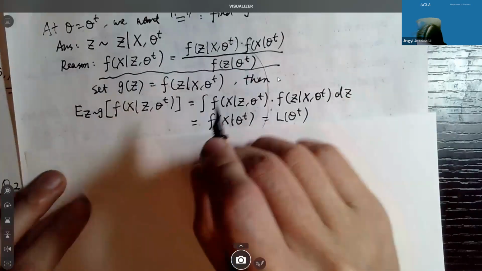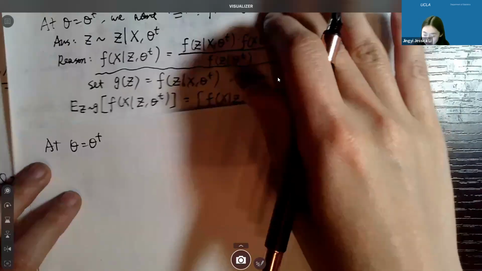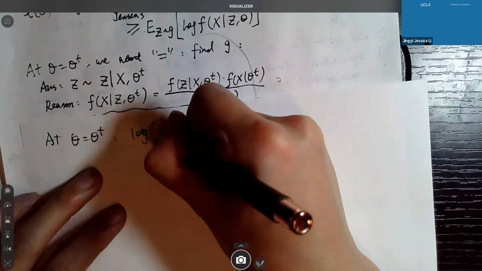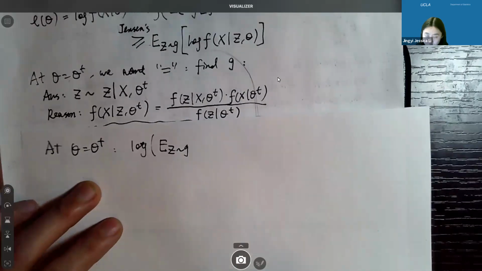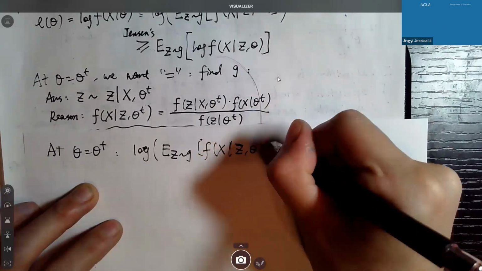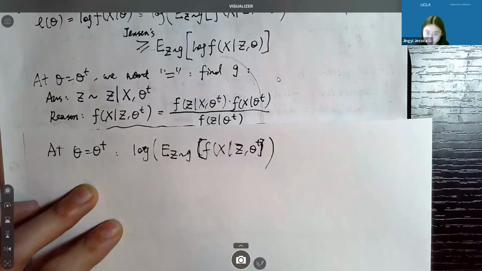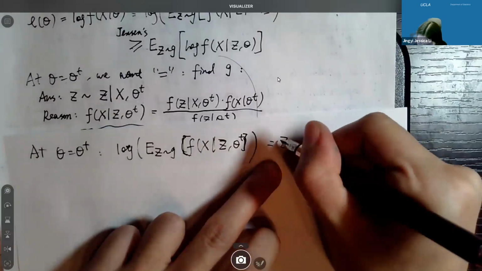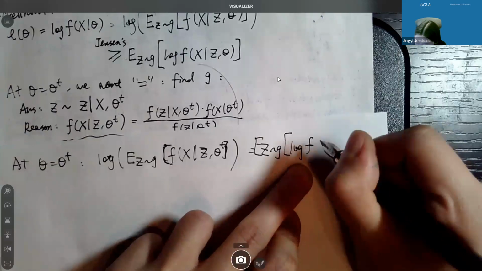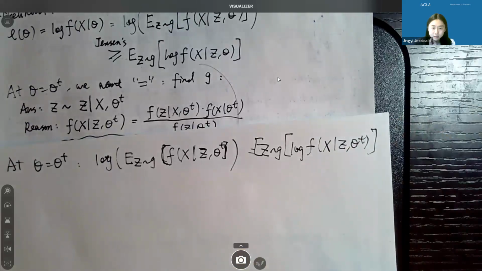Regarding the tangency at theta equals theta t, what we need is the log of the expectation, for any distribution g of z, of f of x given z, theta t, to be equal to the expectation over z given g of log f of x given z, theta t. This is what we need at theta equal to theta t.